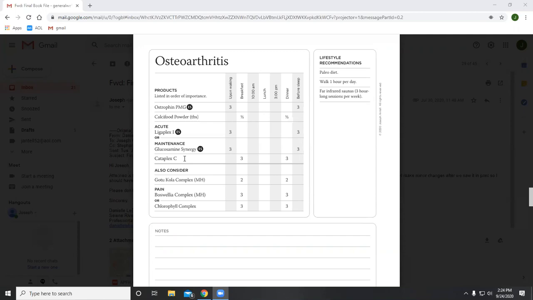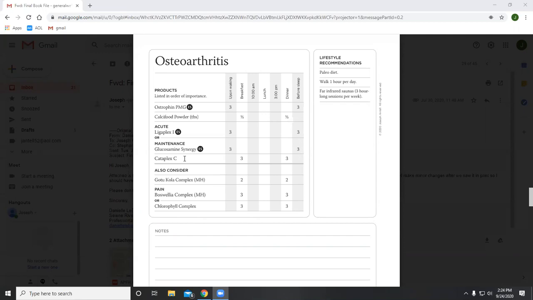So just to finish, and I highly recommend, when I made this protocol, I wanted to really put it in my top 4, but you just couldn't really do it. The combination to me, I mean, these are all so important, but of Calcifood and Gotu Kola together, I can't say enough about it for discs and spinal issues. I can't say enough about it.